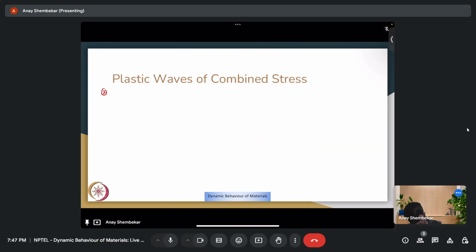A slightly easier example is Clifton's group's experiment. I think it's also called the oblique plate impact.